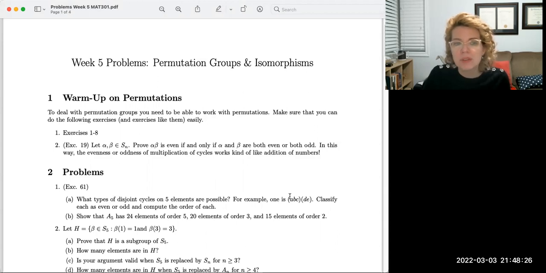But to see whether they're even or odd, you'll want to write them as a product of 2 cycles, and then see if the number of 2 cycles is even or odd.